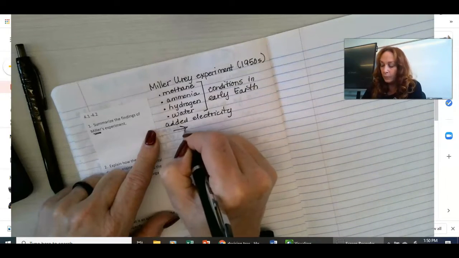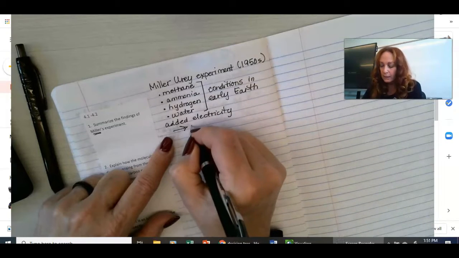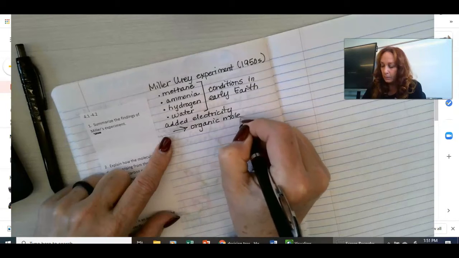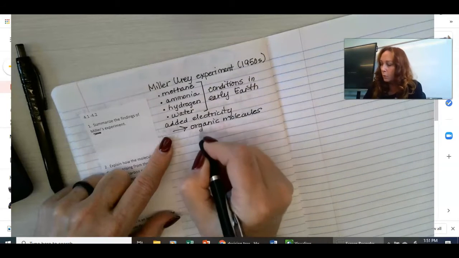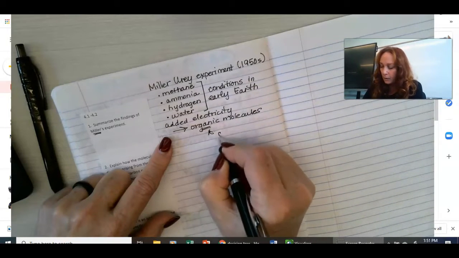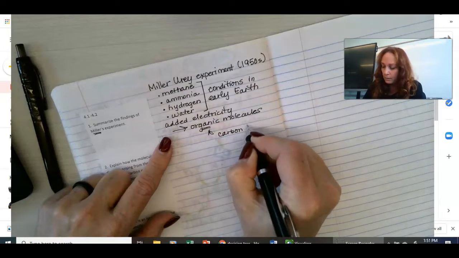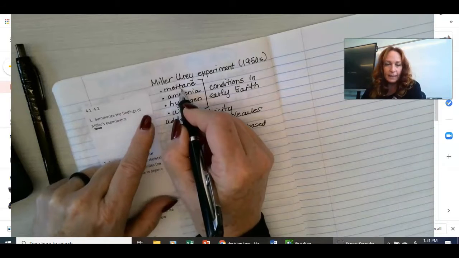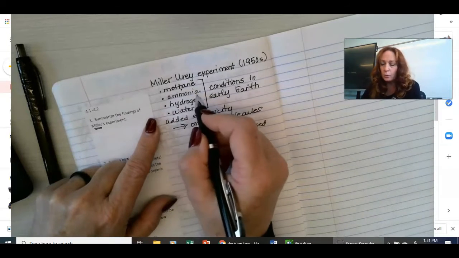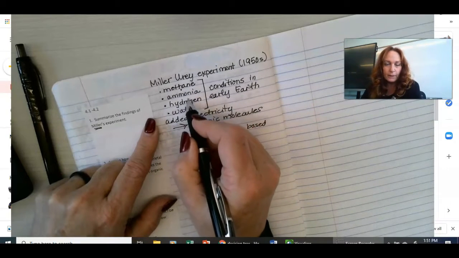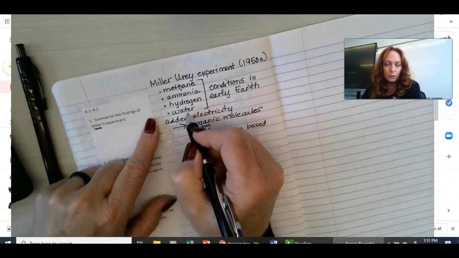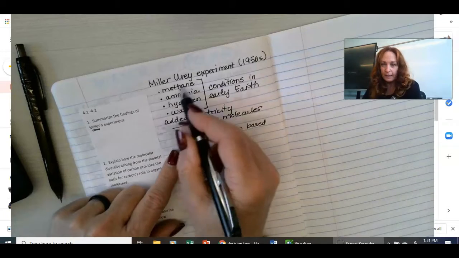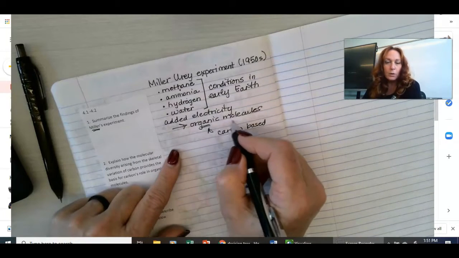And they were able to get out of this more complex organic molecules. So organic just means carbon-based. So the carbon in the methane was able to mix with the ammonia, the hydrogen, and the water, and you had more complex molecules made. These are all relatively simple organic molecules.